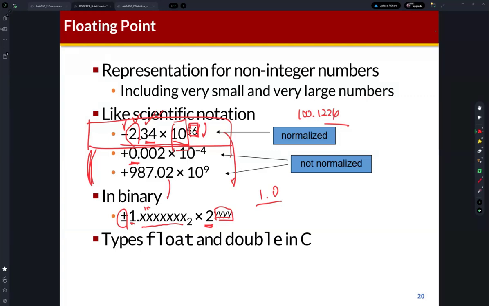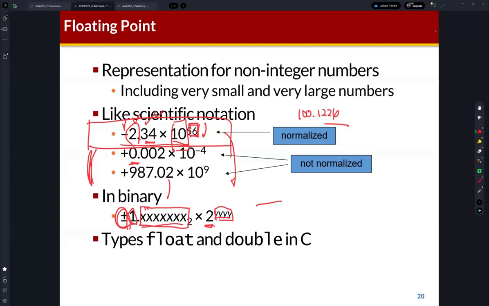Then what does that mean? What is required for representing floating point numbers in the binary number system? We need to represent the sign bit, obviously. This number is always 1, so we don't need to store it. In order to represent this part, we require binary numbers.